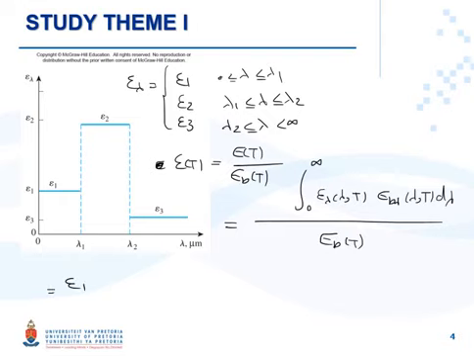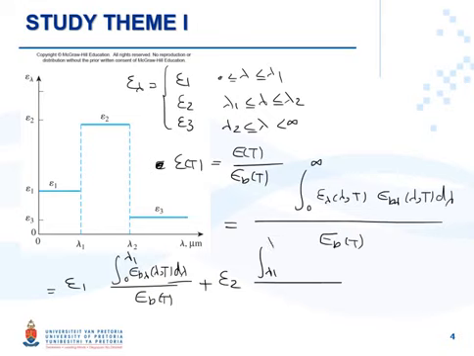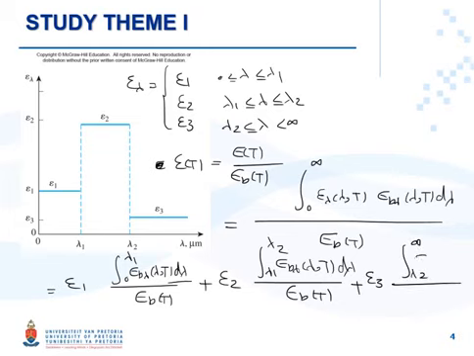So it's epsilon 1, integral from 0 to lambda 1, Eb lambda (lambda, T) d lambda divided by Eb(T), plus epsilon 2 between lambda 1 to lambda 2, Eb lambda d lambda divided by Eb(T), plus epsilon 3 between lambda 2 to infinity, Eb lambda d lambda divided by Eb(T).